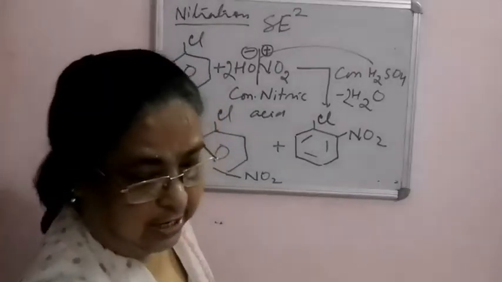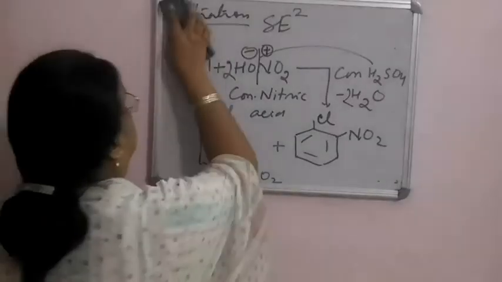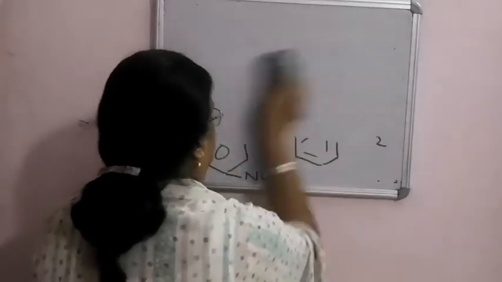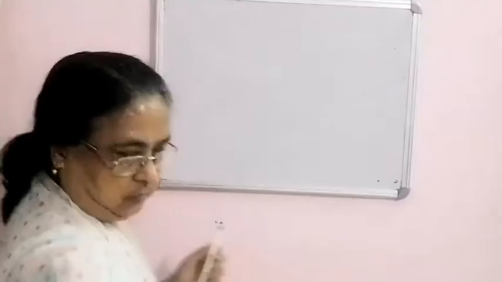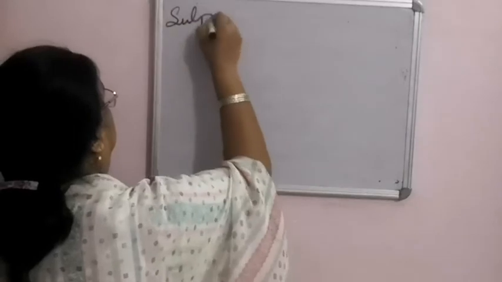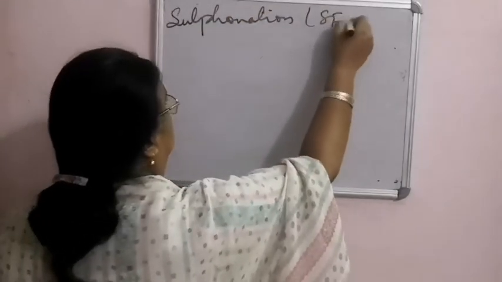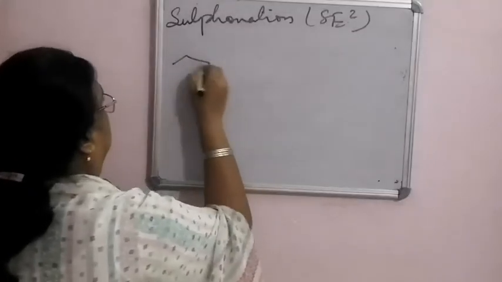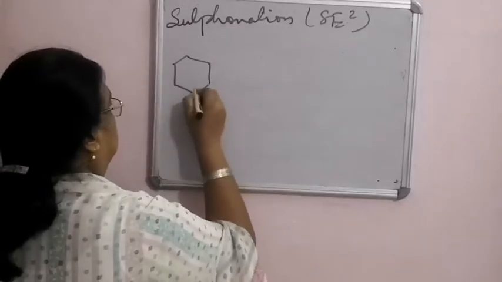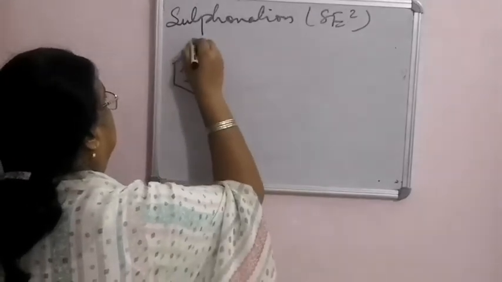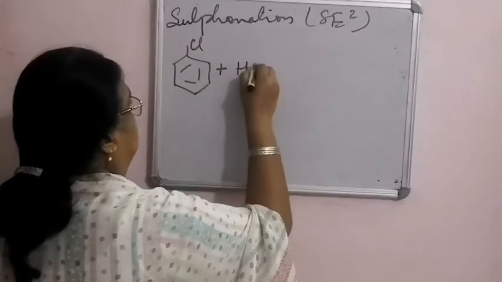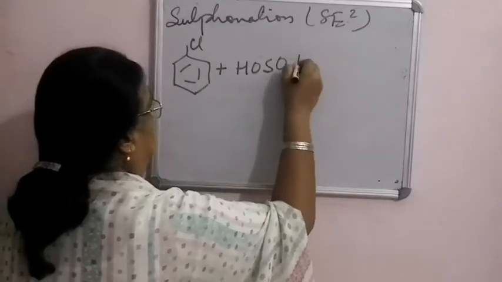Then now sulfonation. Third example is sulfonation. This is also an example of electrophilic substitution, chlorobenzene combining with HOSO3H.